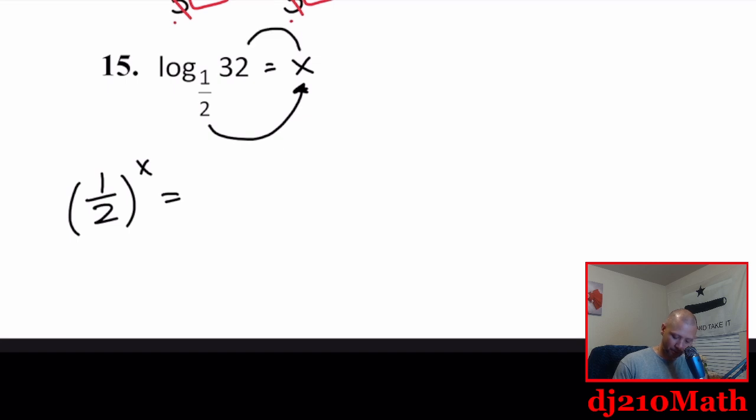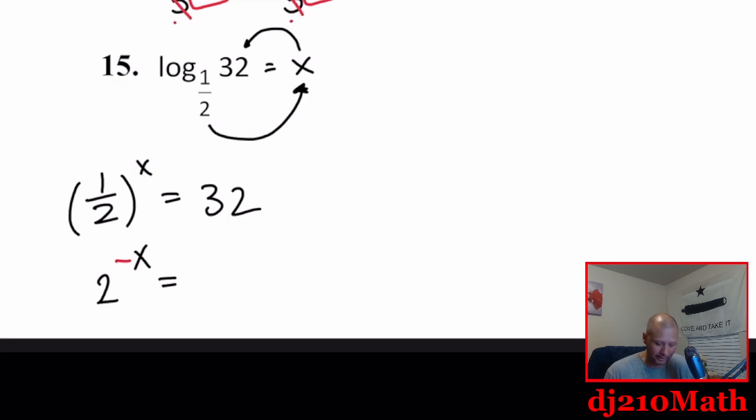This needs to equal 32. So to make 1/2 not a fraction, we have 2 to the negative x, right? Because a negative exponent brings up the denominator. This is going to equal, okay, so 32.